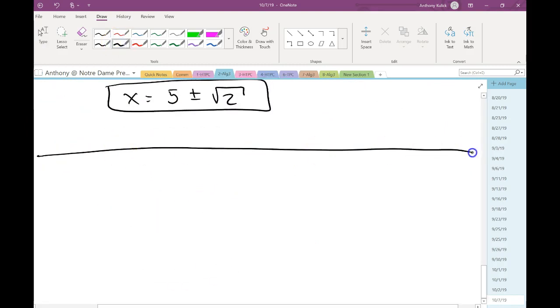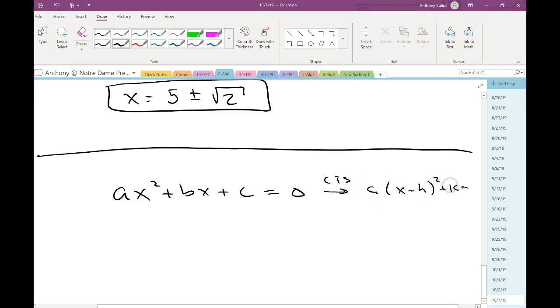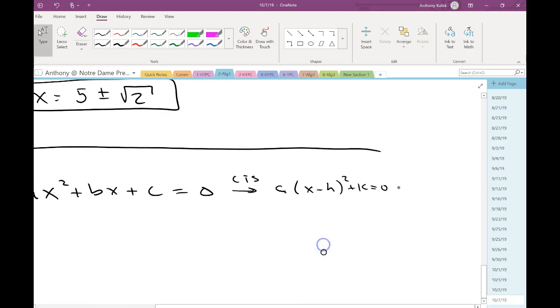All right. So I want to take ax squared plus bx plus c equal to 0. And I want to do completing the square on this to get something that looks like this. And then I want to solve this, and my result's going to be some kind of formula. That's just an outline about what I'm about to do.